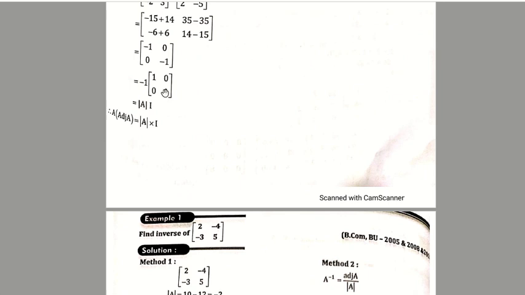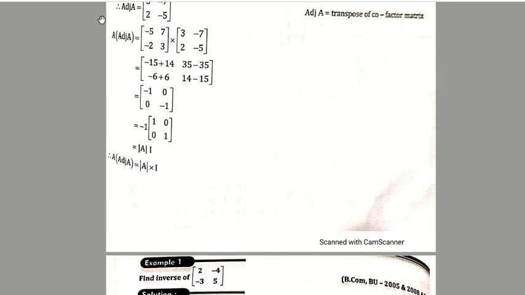Okay, you're not taking minus 1 as common outside, I'm sorry. The determinant value is minus 1. So minus 1 into I, the unit matrix, which is 1, 0, 0, 1. So determinant A into I is equal to minus 1, 0, 0, minus 1.